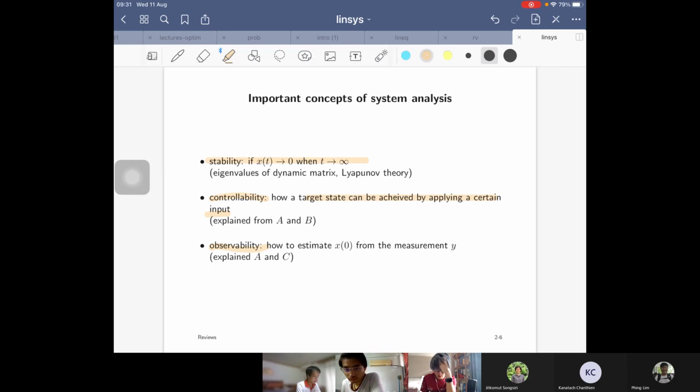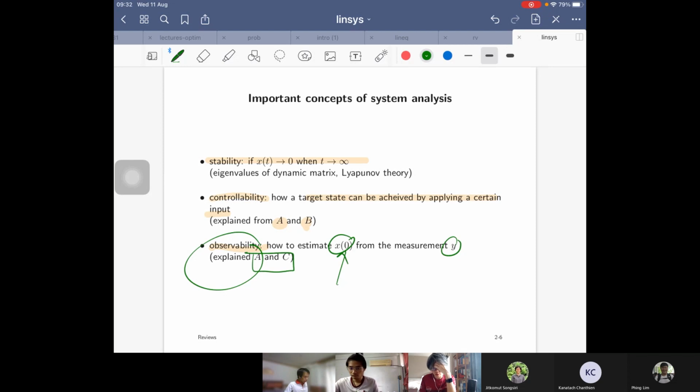This property can be explained from A and B only. Observability, which is more relevant to our system identification or model estimation process, is the ability to get back to the initial condition from the measurement Y. This is a property you can infer or explain from A and C only.